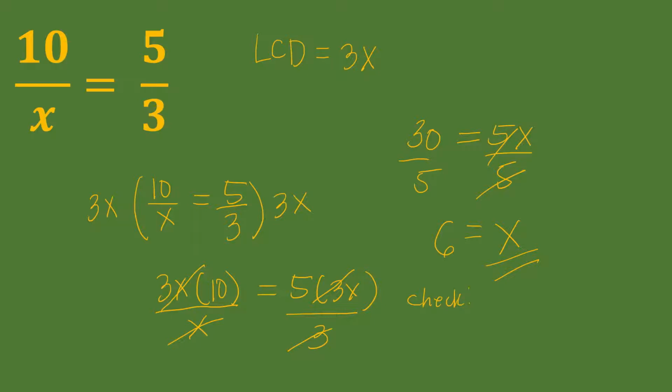So instead of writing x, we write 6. So that is 10 over 6 is equal to 5 over 3. And if you simplify or reduce 10 over 6, that is the same as 5 over 3, so equals 5 over 3. So we got it right.